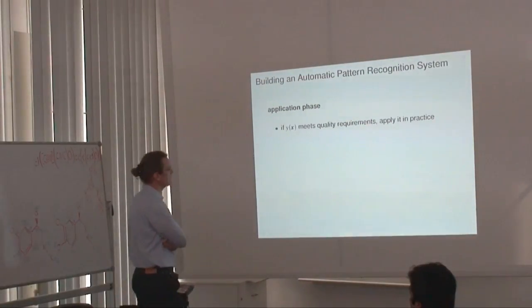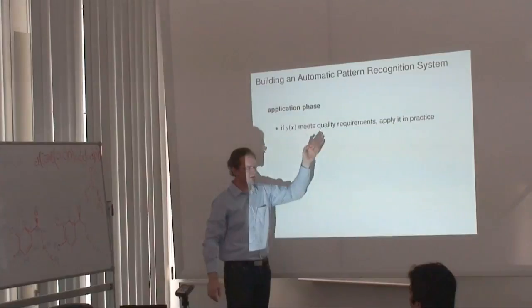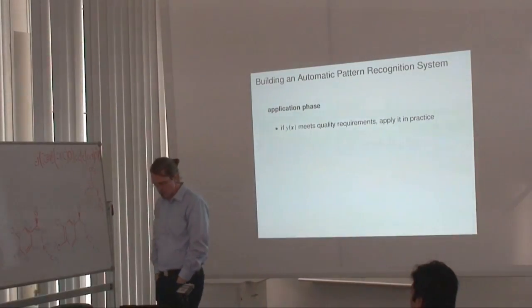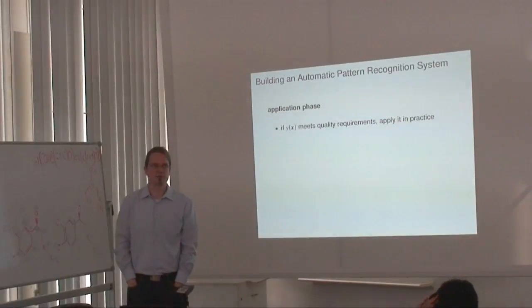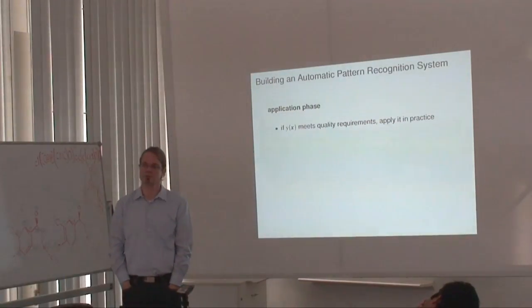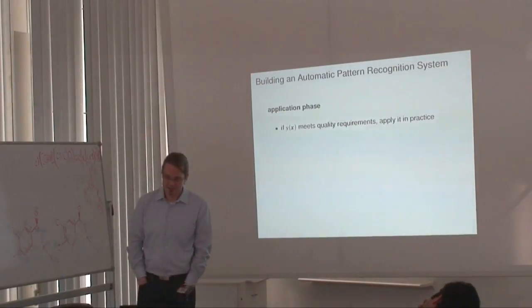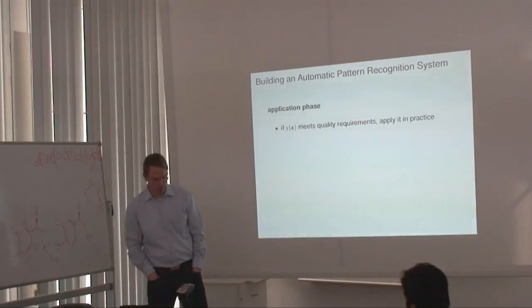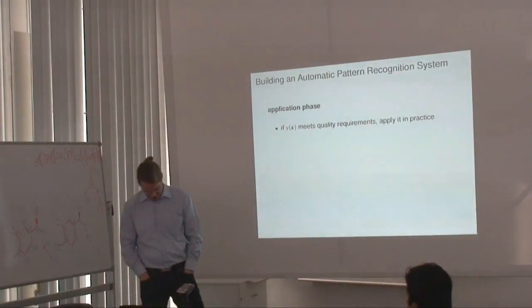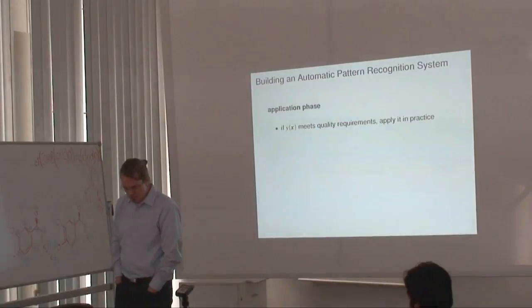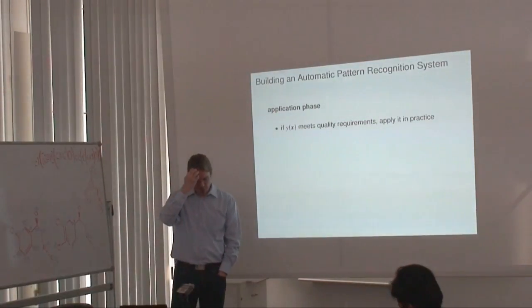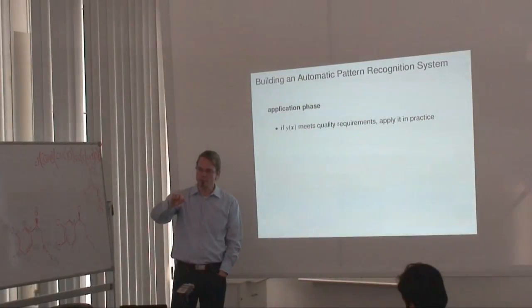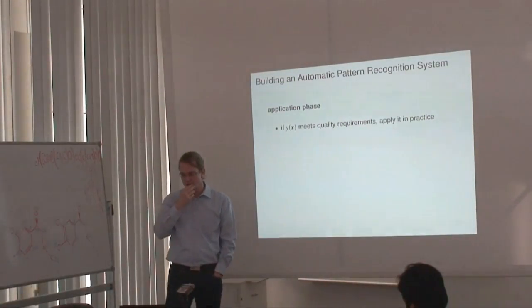And this, at this point in time, is again a very loose thing to say. The quality requirements you would ask from an automatic classifier very much depend on the application it is intended for. Consider, for instance, the problem of monitoring an atomic power plant for potential accidents, right?